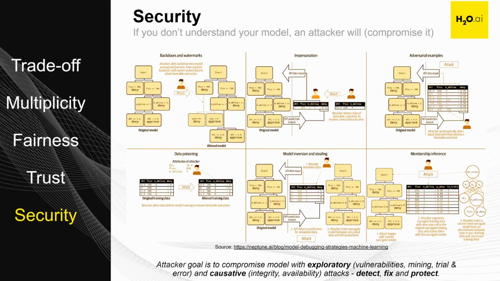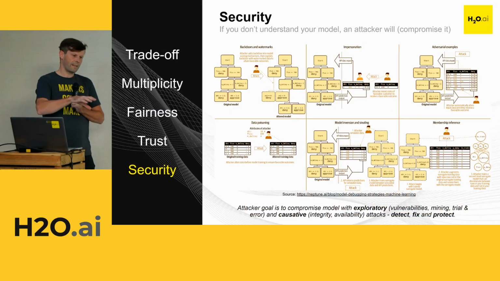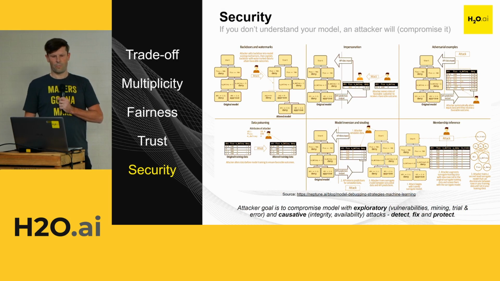Another aspect is security, which I mentioned. You should understand your own model so that it's not vulnerable and cannot be compromised by an attack. There are two aspects in this case where explainability can help. You may, for instance, detect that the model was already compromised.